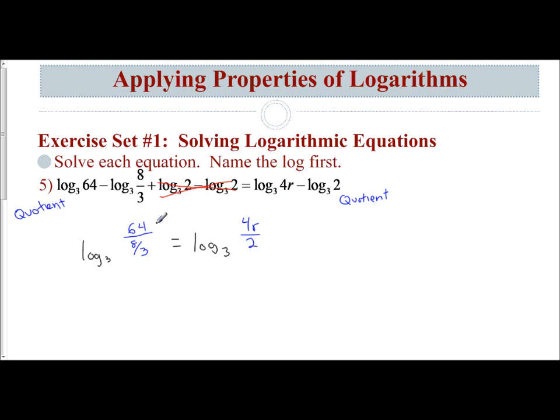So if I am taking 64 divided by 8/3, I'm going to simplify that. Now I'm going to do it off to the side without a calculator to show you and to help you. When you are dividing by a fraction, think of it like you did when you first learned how to do it in elementary school. To divide by a fraction means you multiply by the reciprocal. So it's really 64 over 1 times 3 over 8.